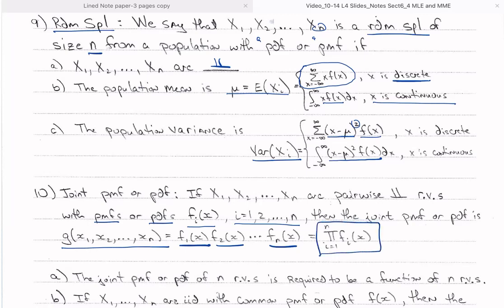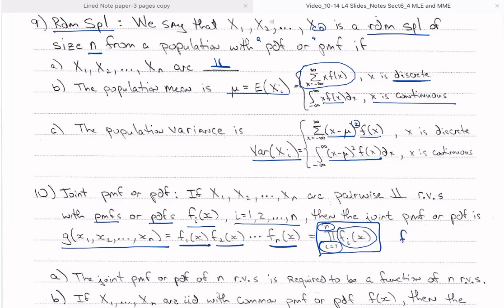This large pi symbol is a product. So from i equals 1 up to n, we're going to multiply each of these PDFs or PMFs, f sub i of x. Okay?